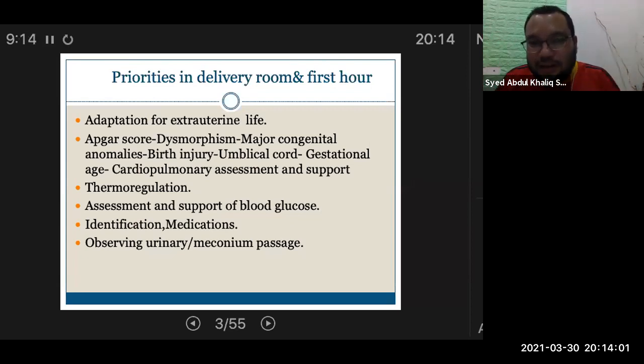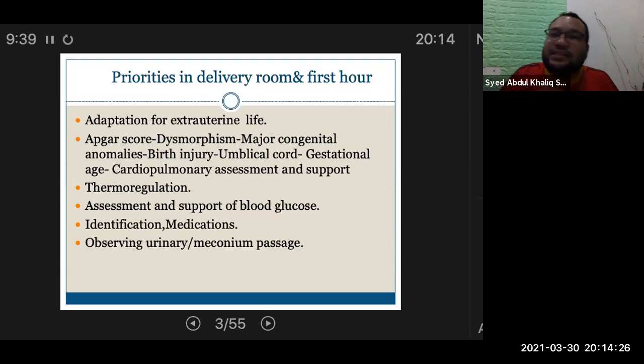So what happens in adaptation to extrauterine life is there is a relative increment in systemic resistance and a relative increment in systemic blood pressure, but there is a net reduction in the pulmonary resistance and a net reduction in the pulmonary blood pressure.